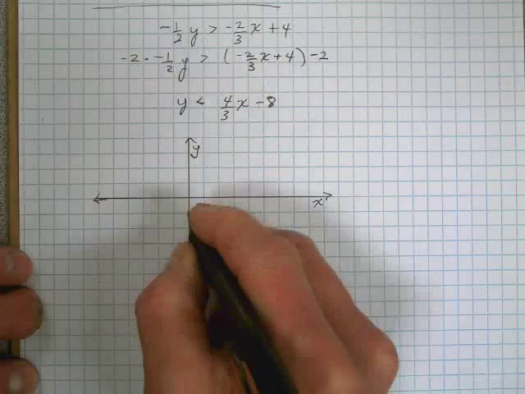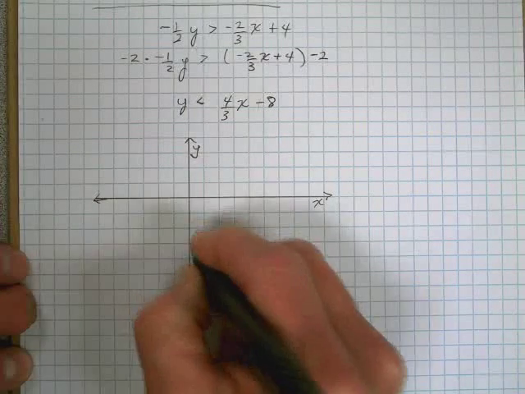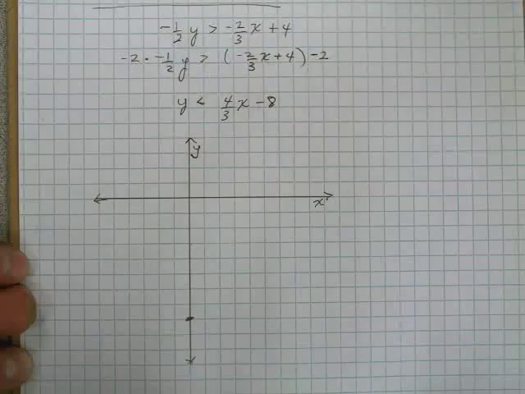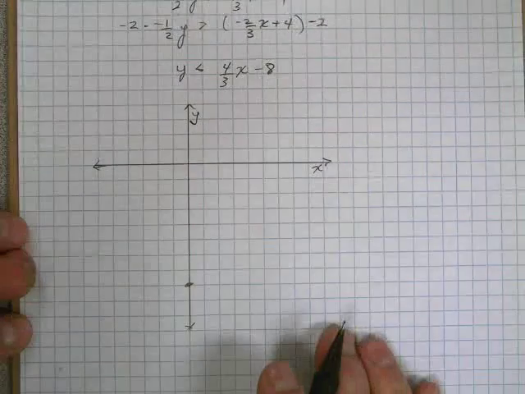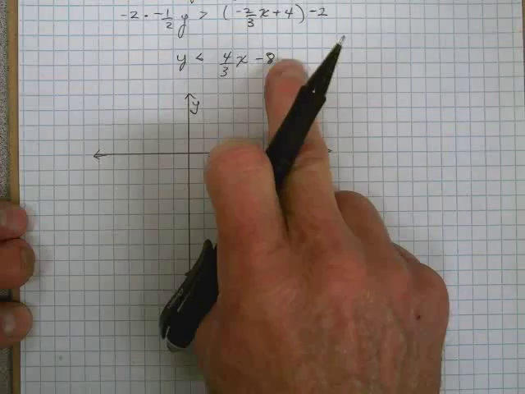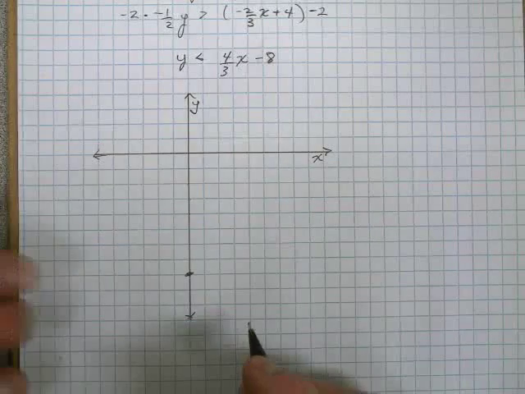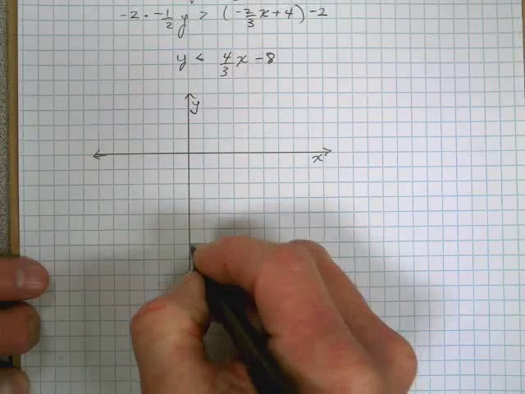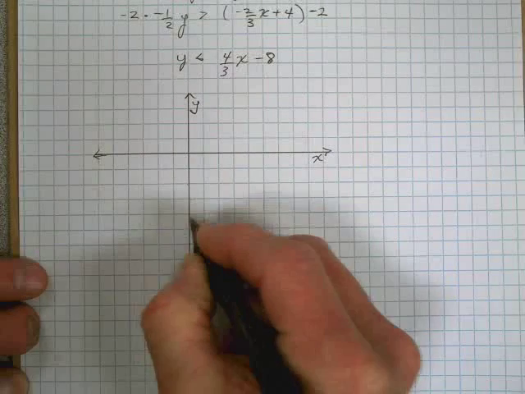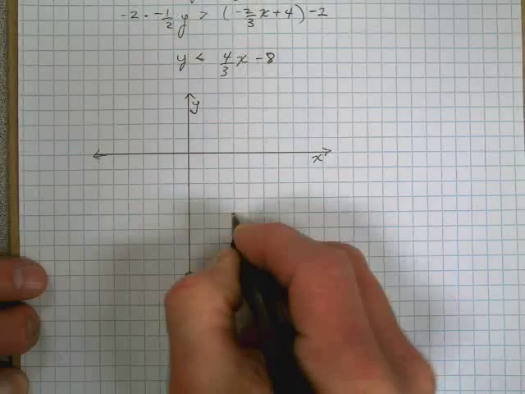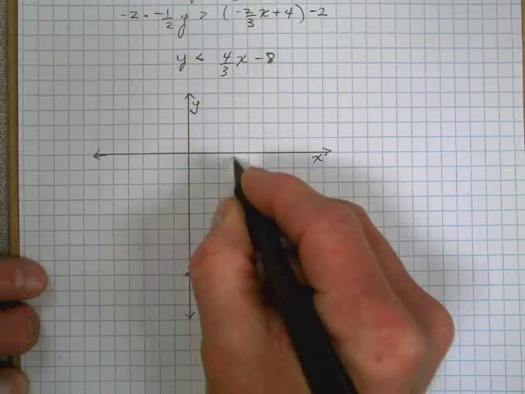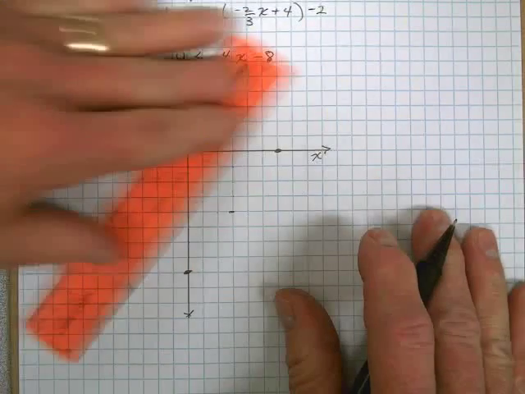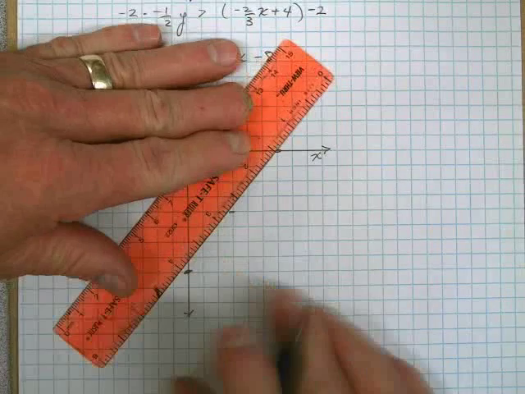Now I'm going to plot the y-intercept, which is a negative 8. 1, 2, 3, 4, 5, 6, 7, 8, downward because we have a negative value. And then plot slope triangles using 4/3. Count up 4 and right 3. So 1, 2, 3, 4, 1, 2, 3, and again. And we've got 2 points there.